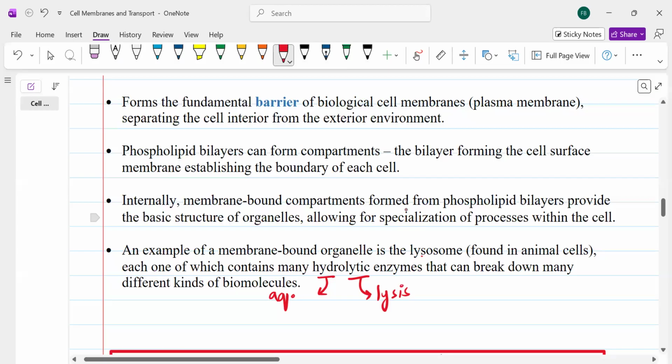So why is it needed to break down the glucose? I'm asking why it is mentioned here that these hydrolytic enzymes break down many different kinds of biomolecules. Why do we need to break down those biomolecules?